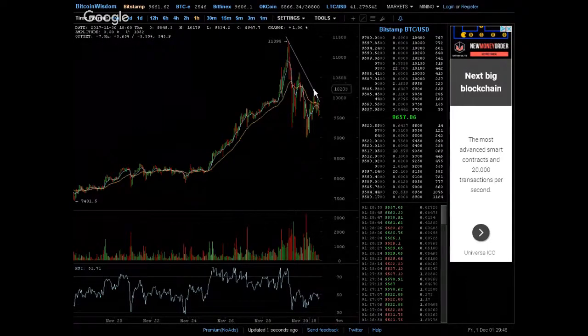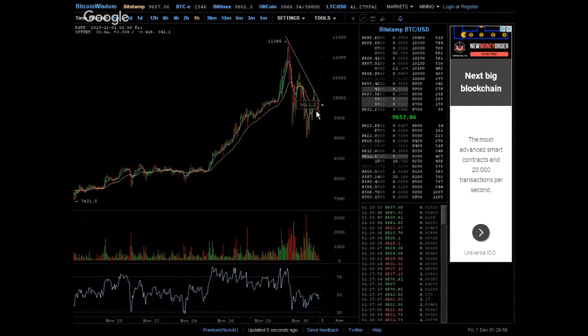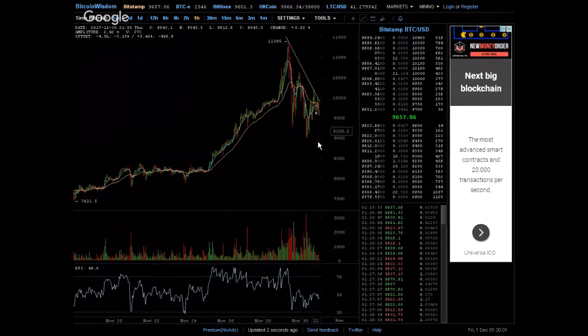We don't know until it gets confirmed. But just the fact that you have that kind of pattern, that is a short-term downtrend, obviously. So the question is, is it going to continue down further, and how much further?